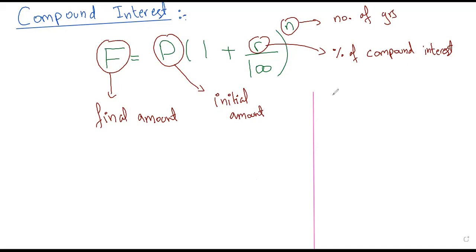For example, let's say my initial amount was $200 and the compound interest percentage was 2%. So first year I will have 200 plus the interest amount, that would be 2% of 200. So what is 2% of 200? Can anyone tell me?